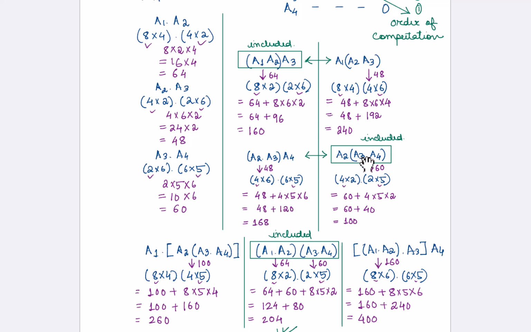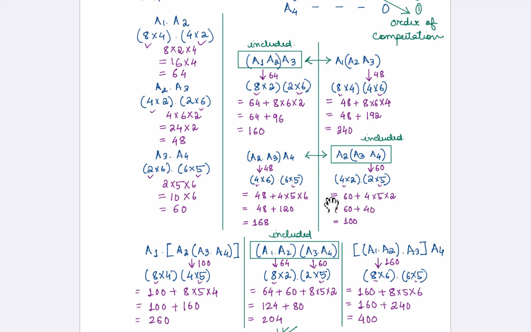Similarly for A2 into A3 into A4 in bracket, A3 into A4 is already done before. The value comes from this calculation, so 60 comes here, plus the two new matrices have to be multiplied, and the value comes from 4 into 5, the extreme values, into 2, the common value, and this gives us 40. So 60 plus 40 gives us 100.